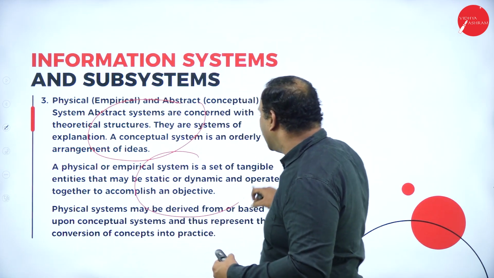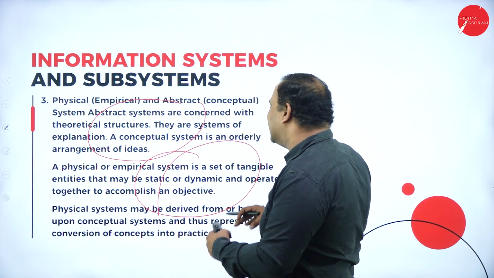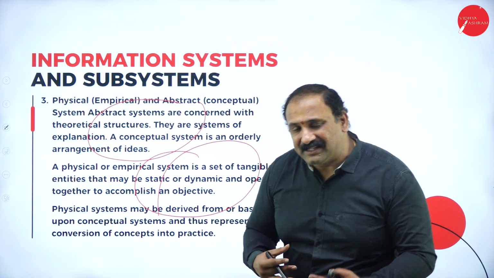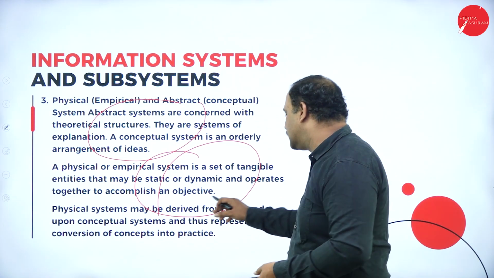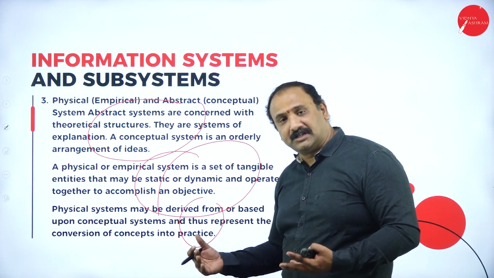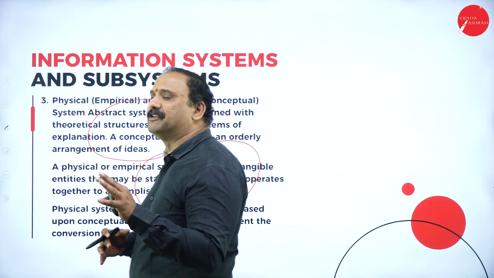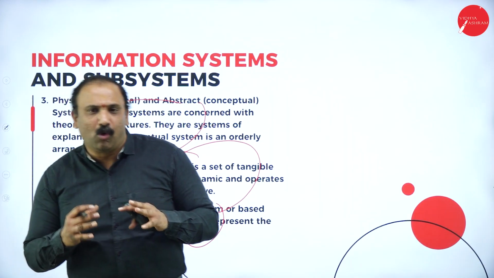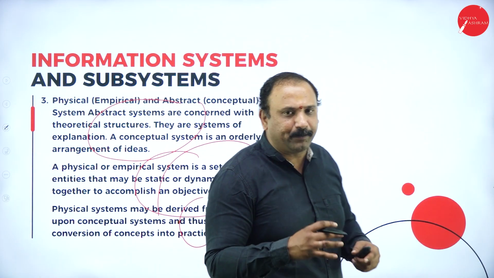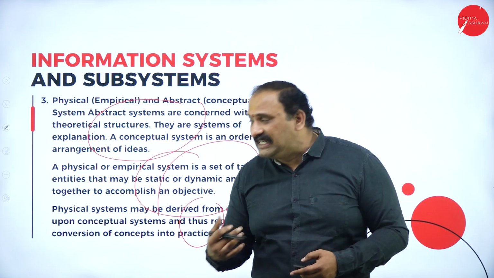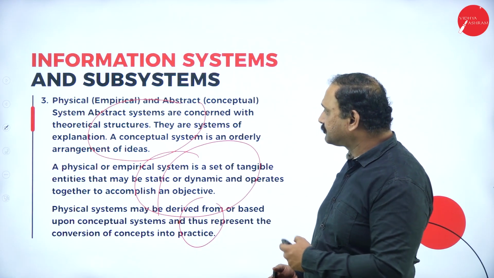So we might be more interested in the dynamics of it rather than the theoretical part of it. Physical systems can be derived based on the conceptual systems also. So our concepts are today put into action, and innovation is more concentrated upon how to make systems even more interactive.